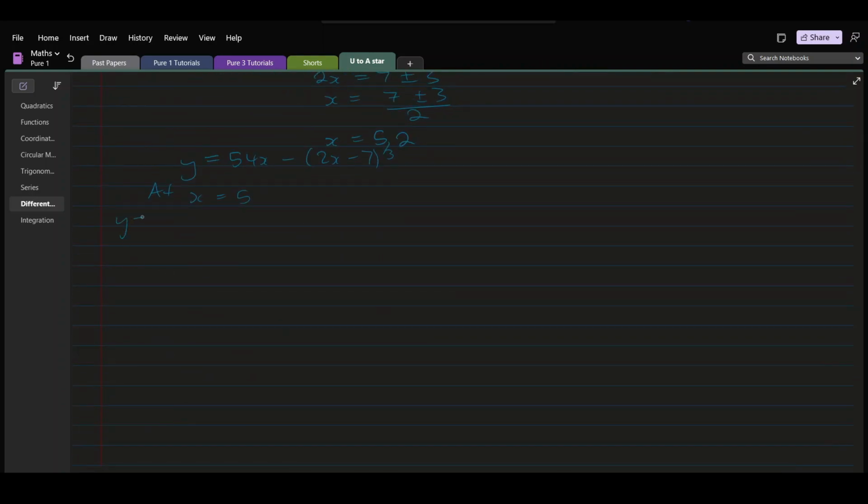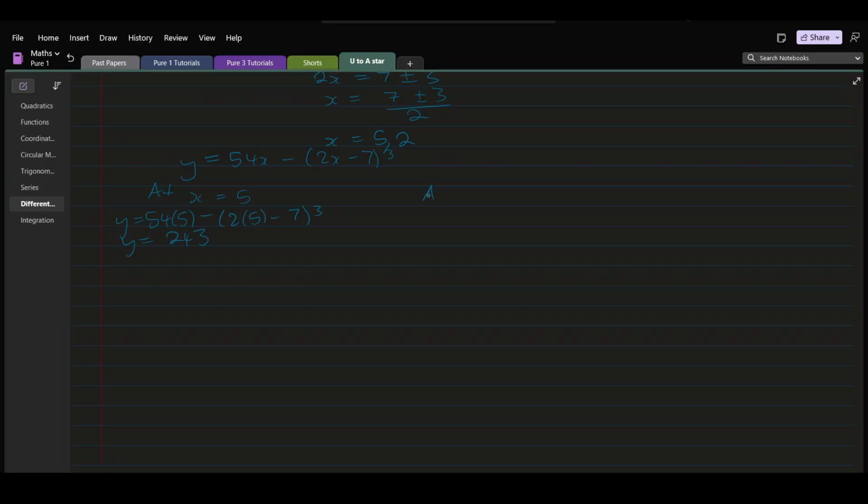That is y is equal to, substitute x with 5, 54 times 5 minus 2 times 5 minus 7 to the power 3. Let's punch that into the calculator. And that gives us 243.